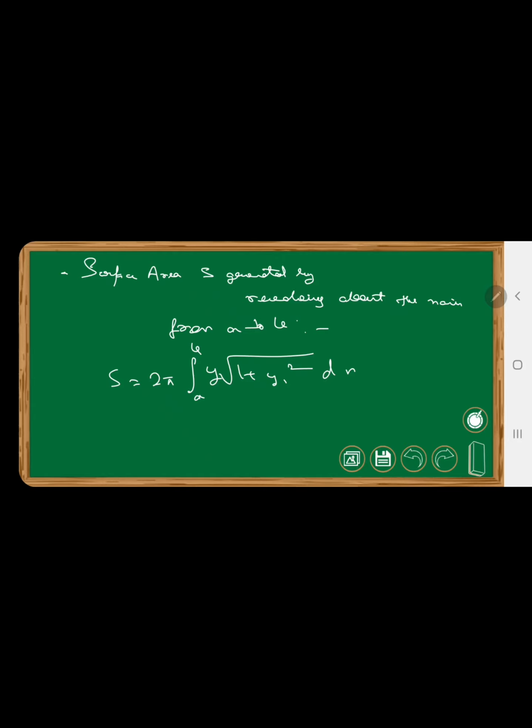The same thing goes for revolution about the y axis, where in place of y you have x, and x is determined by the inverse function. Clear? So this is one portion.